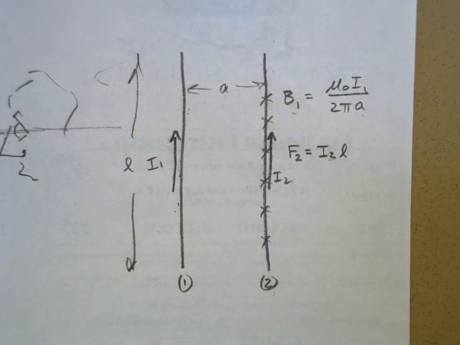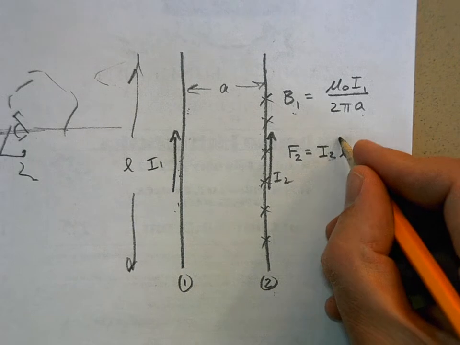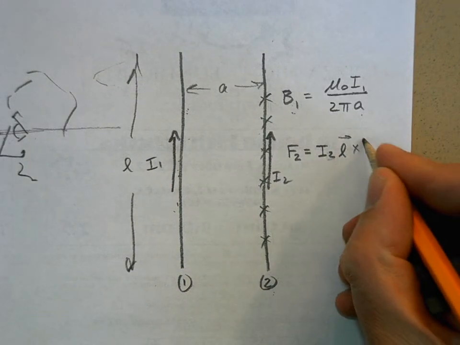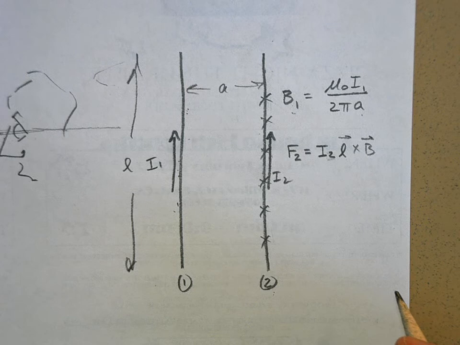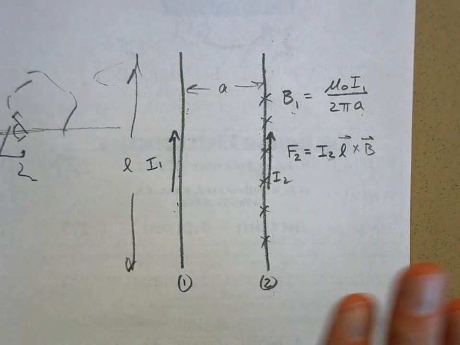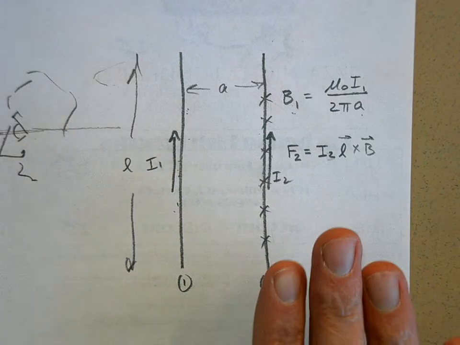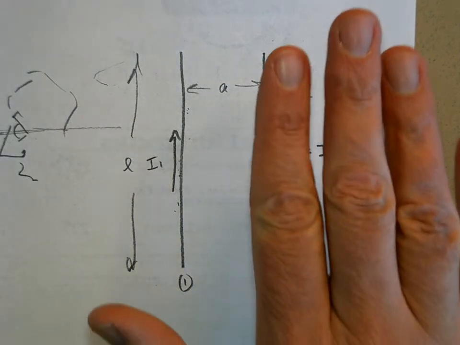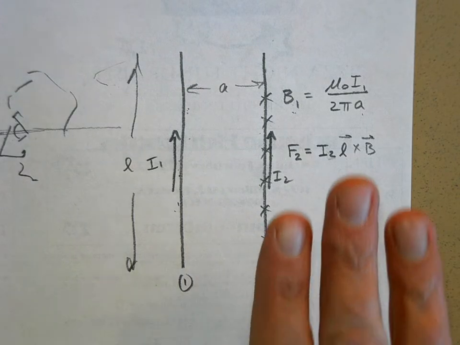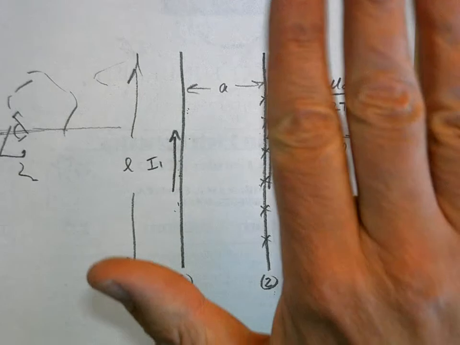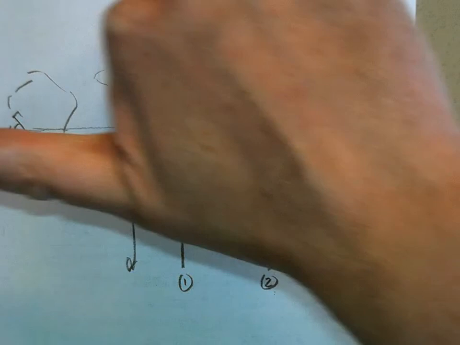Now we got to do this L cross B thing to get the direction of the force. Remember Phil Crosby, you go in the direction of L, the current's flowing like this, and then B is into the board, so my thumb is going to point to the left.